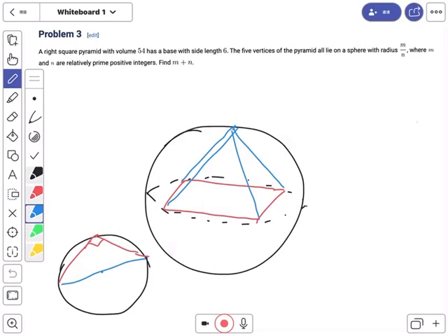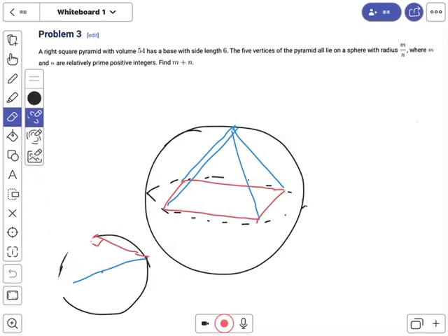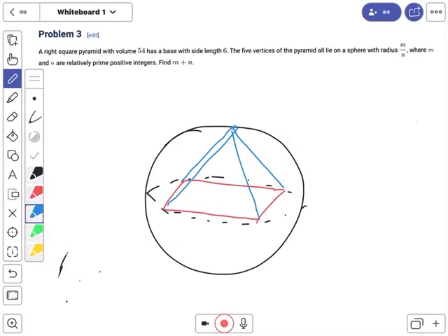So therefore, we can try to get some insights right here. So how are we going to solve this problem though? Let's just find a point where the center lies. It all lies on the circle, then we must have an equation of R.